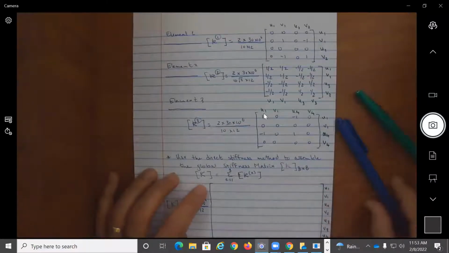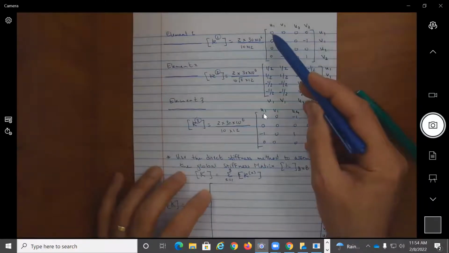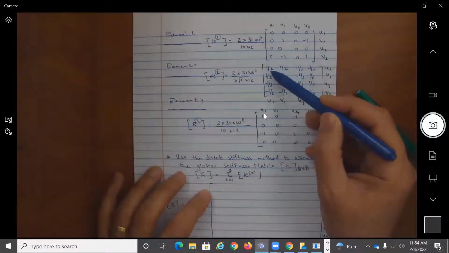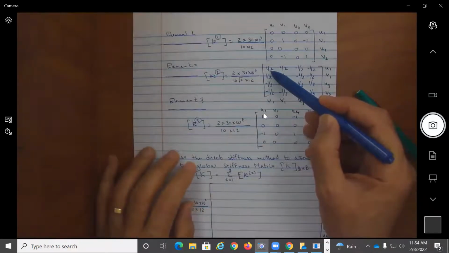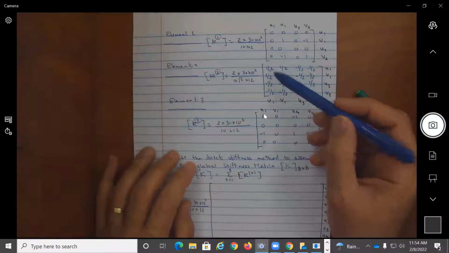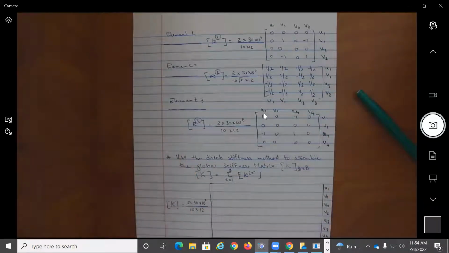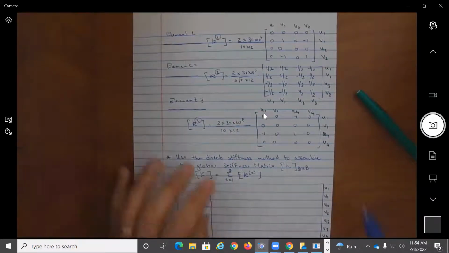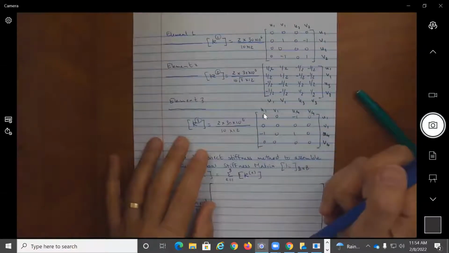Okay, so I'm going to start here by looking at U1, U1. I have a 0 and 1/2 divided by square root of 2, right? And then I have here a 1, correct? So we have a 1 and we have 1/2 times the square root of 2.